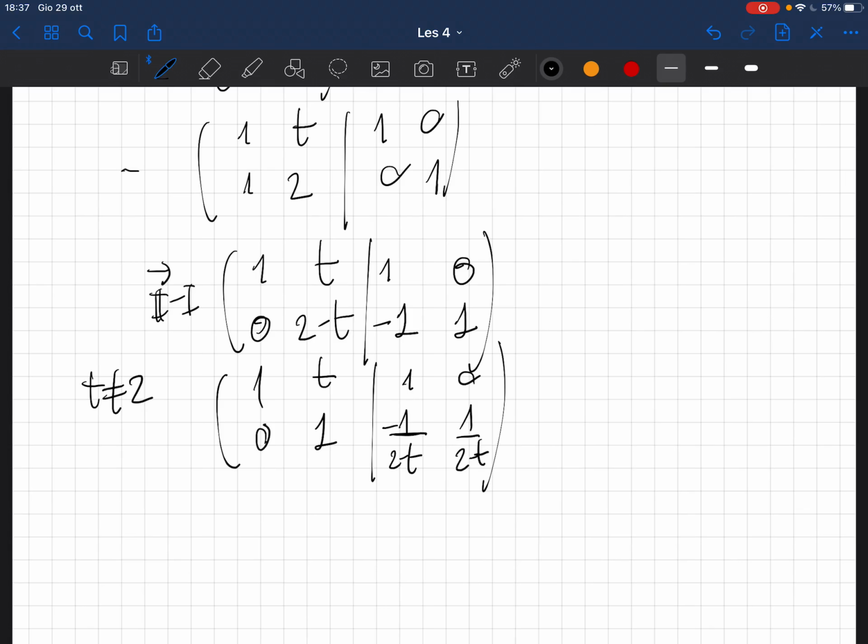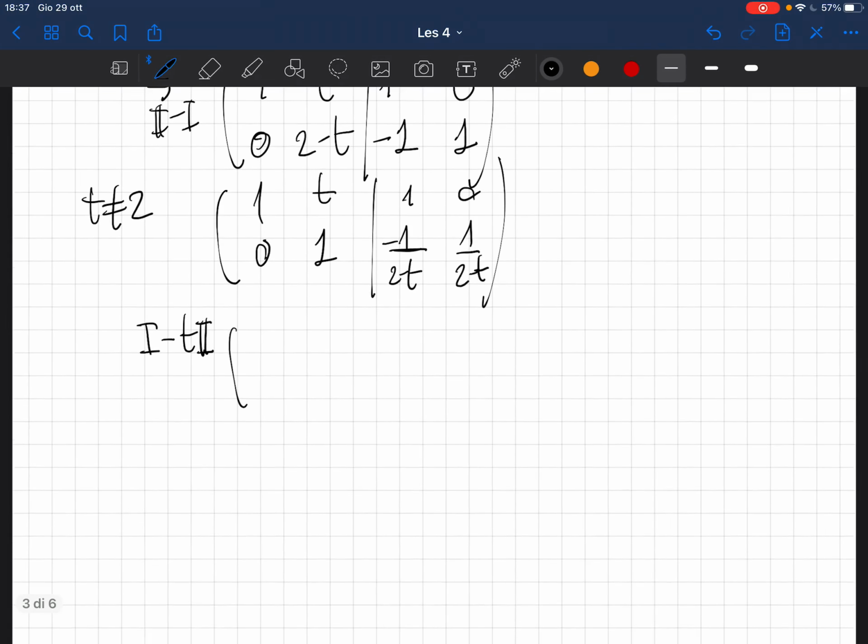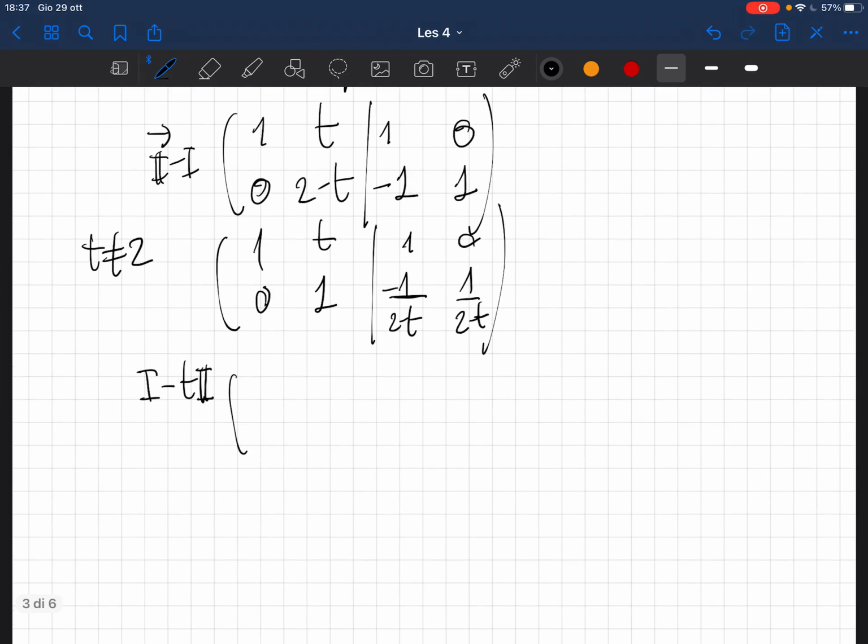Okay, very good. And now we can try and remove this. So we replace this 1 by this minus t times the second. So this is going to be 1, 0, and then 1, 1 plus t over 2.